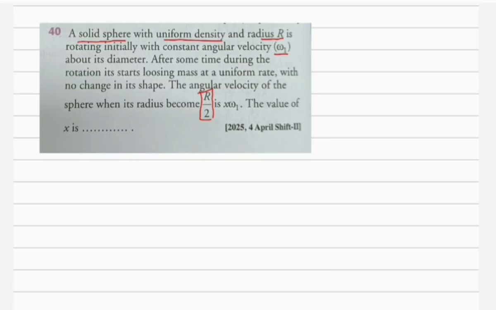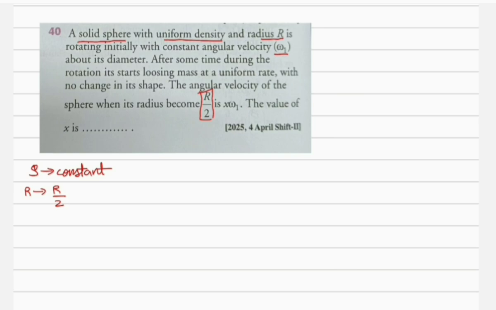Now can I say, students, that for a solid sphere rho will remain constant? Yes, rho, the volume density, will remain constant. The basic formula for volume density rho is mass per unit volume. Radius is becoming r/2.